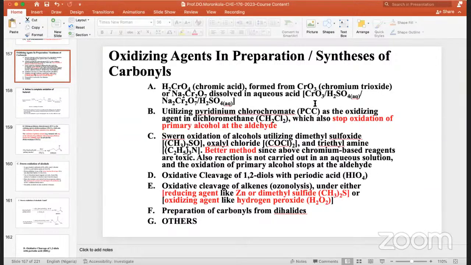But when you use this second reagent at B, PCC, in CH2Cl2, dichloromethane, it will oxidize the primary alcohol to aldehyde and the oxidation stops there. Of course, you still use that same reagent to oxidize our secondary alcohol to ketones.